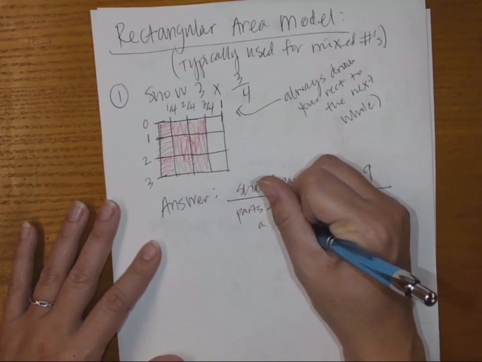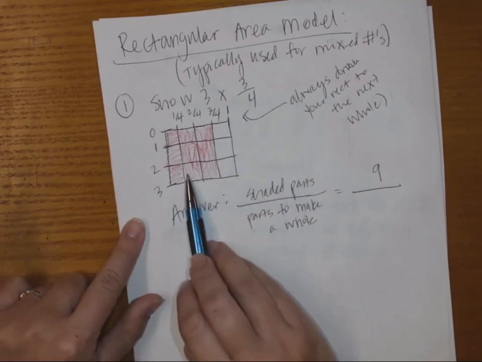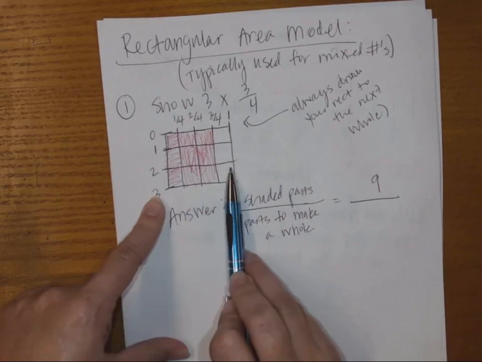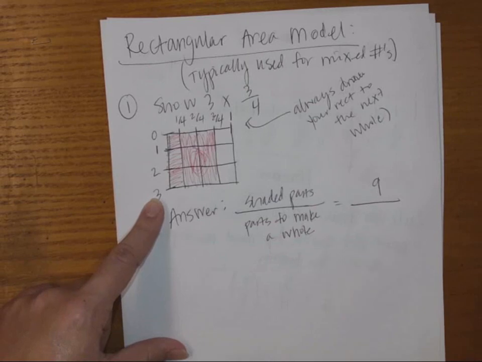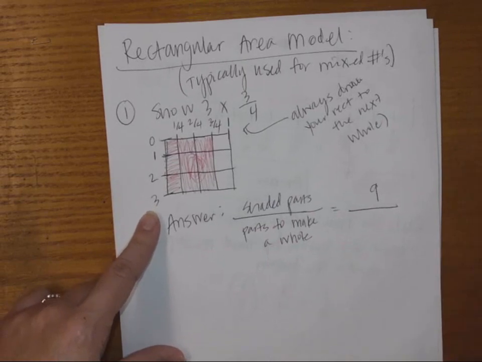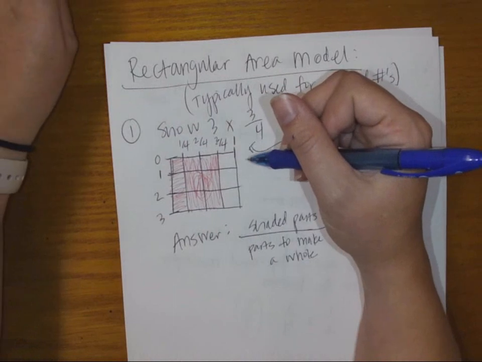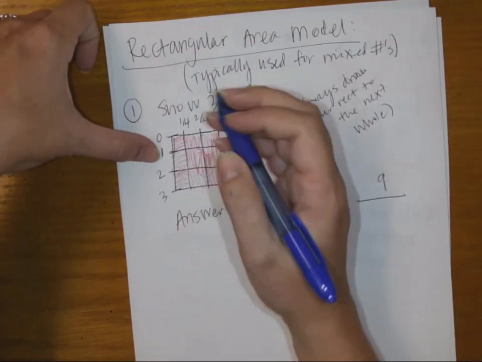Usually in our drawings, this would be like one whole, but is this one whole right here? No, this is 3 wholes this way by 1 whole this way. So this is actually 3 wholes right here. So the way you figure out the number of parts to make a whole, get a different colored pen and go over the rectangle or highlight it. The rectangle that shows a whole would be 1 by 1.